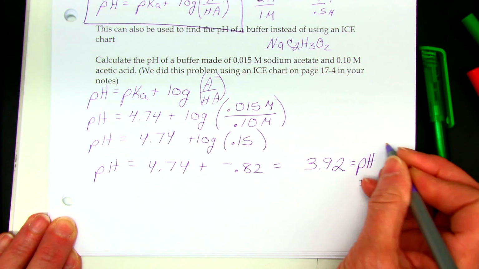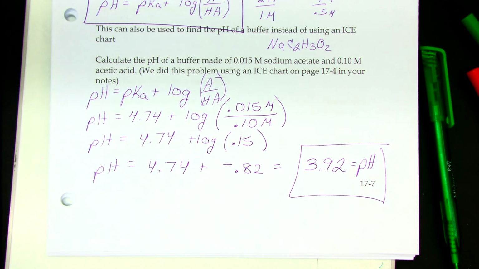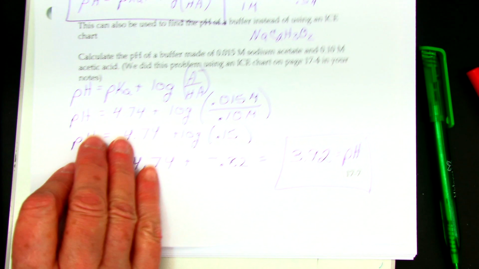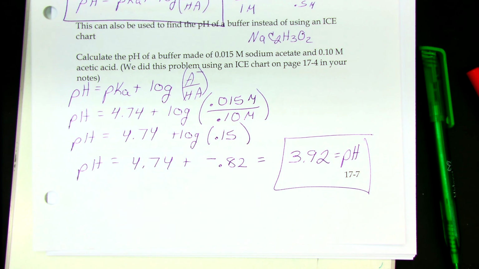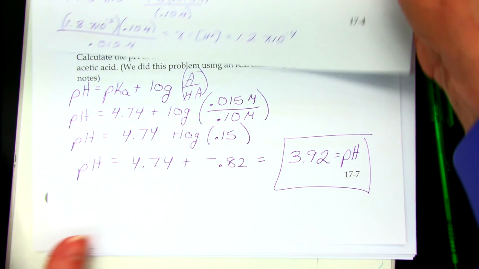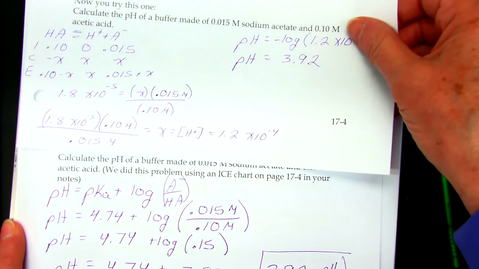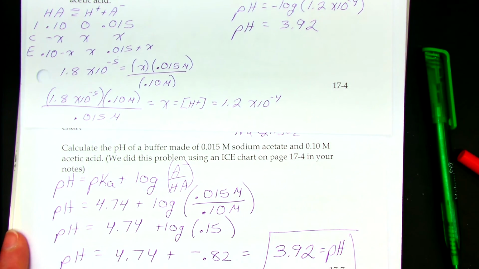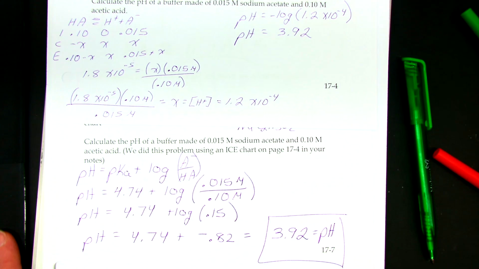And if you flip back to your notes on page 17-4, you will see this is exactly the same answer we got when we calculated this using an ice chart. So here it is on top using an ice chart, and here we get the same answer using the Henderson-Hasselbalch equation. So you can decide which you like better.